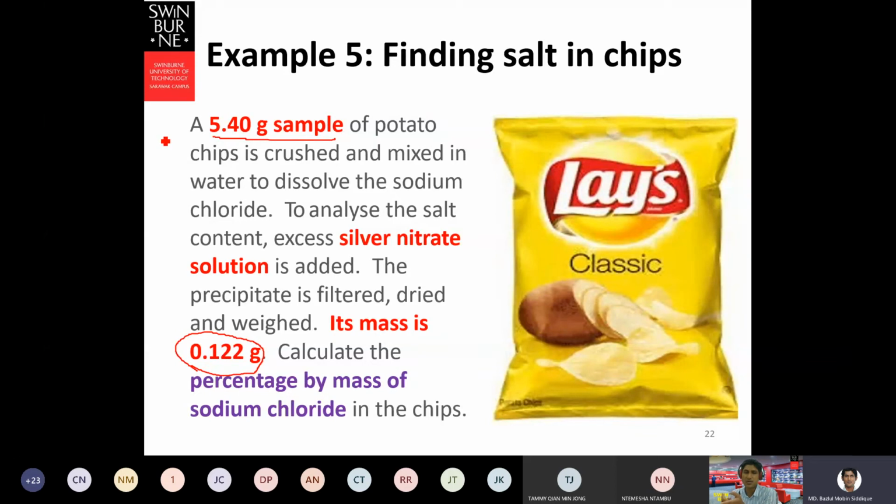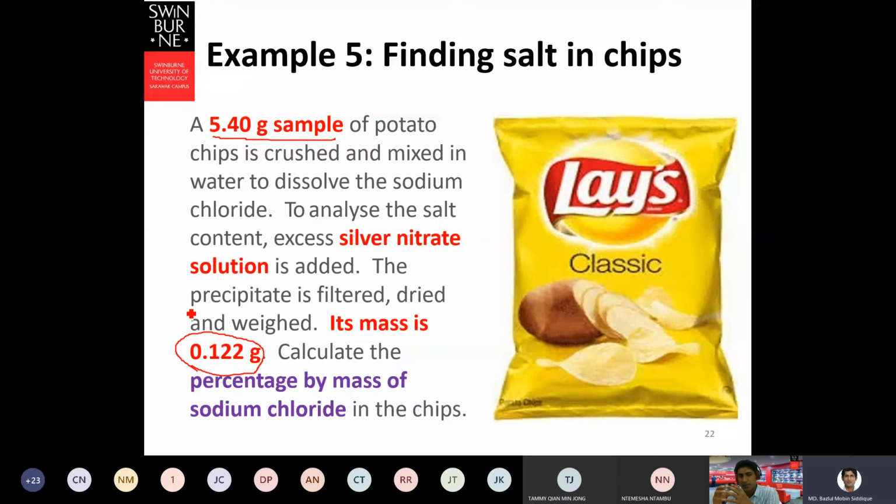One of the things is sodium chloride, and only the sodium chloride will form the silver chloride precipitate. The other things will not. So from there we found 0.122 gram of the precipitate. If 0.122 gram of silver chloride is formed, how much sodium chloride is there in these chips?